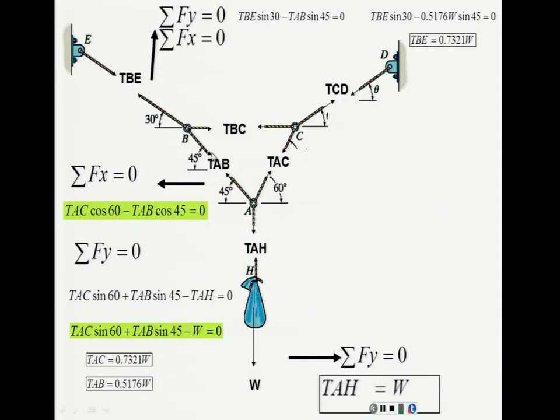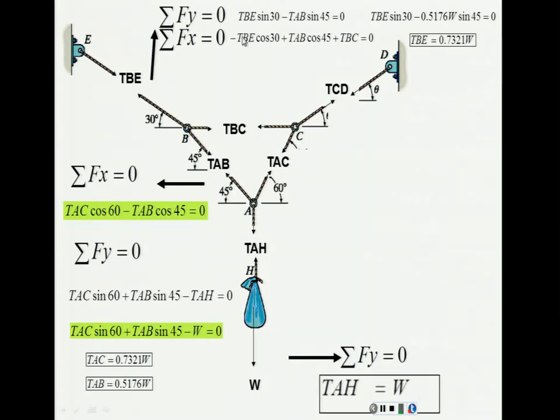The x component of TAB is going to be this one here. That means it's adjacent to the 45 degree and it's pointing to the right. So it's going to be plus TAB cosine 45. And then you get this equation.